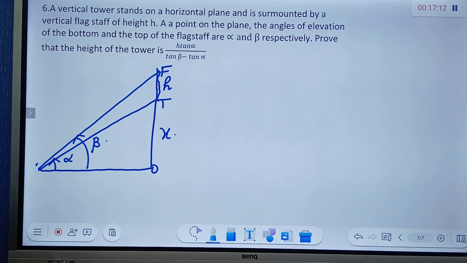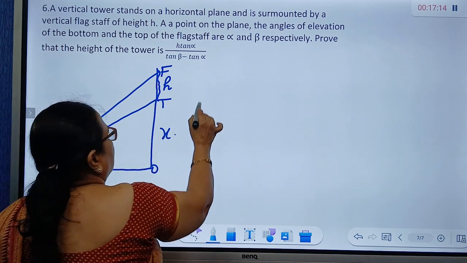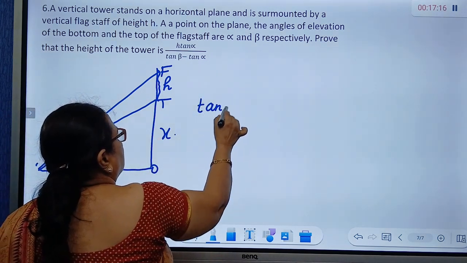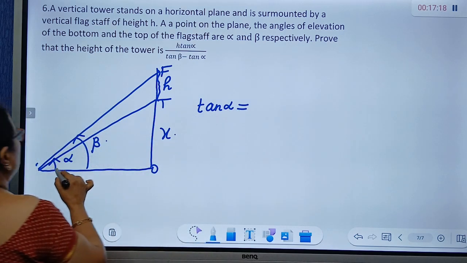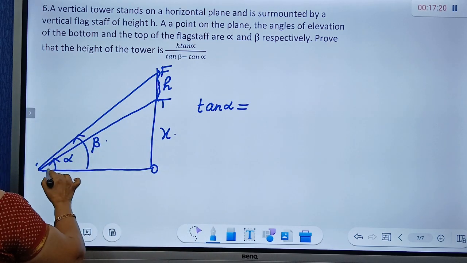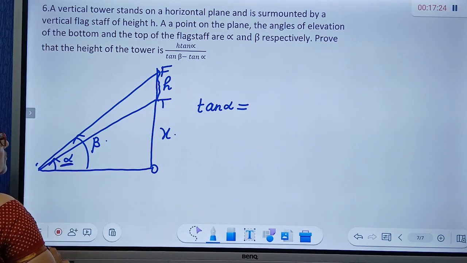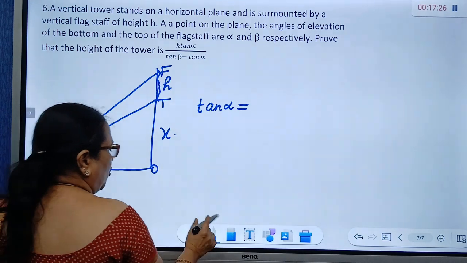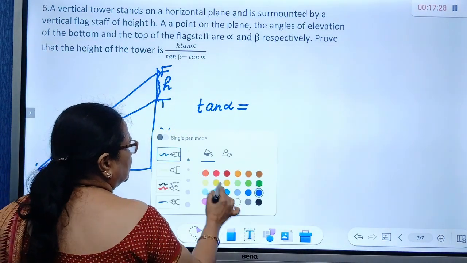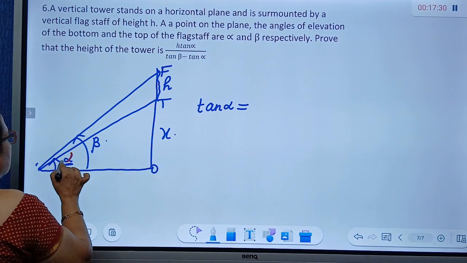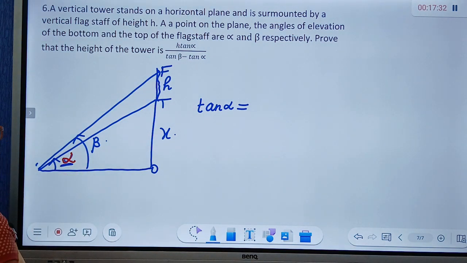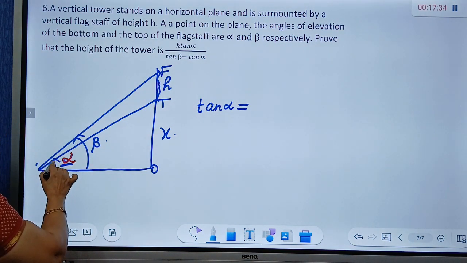Okay, so first tan alpha, which is the smaller angle. This is tan alpha. Okay, tan alpha, if I want, I can write it in another color. So this is alpha. Alpha is the smaller angle.